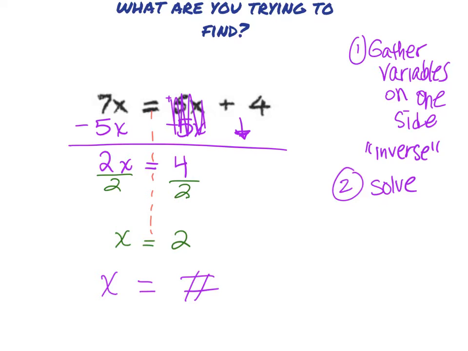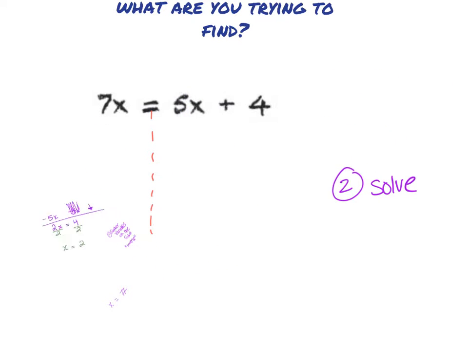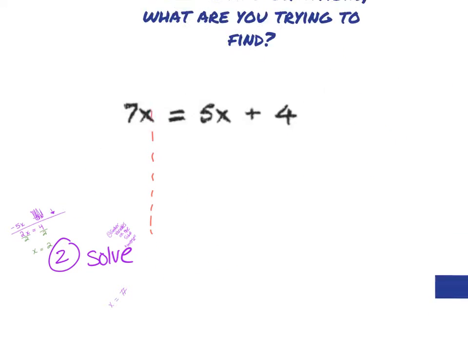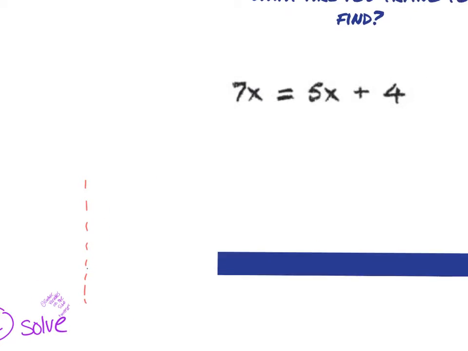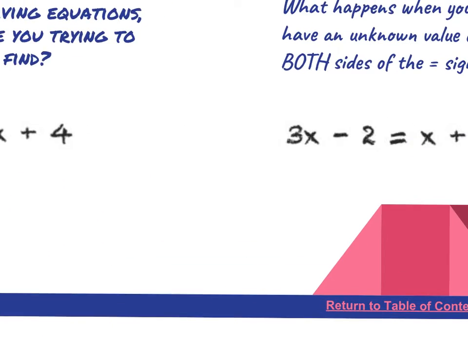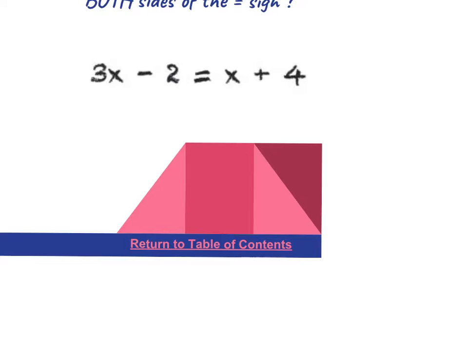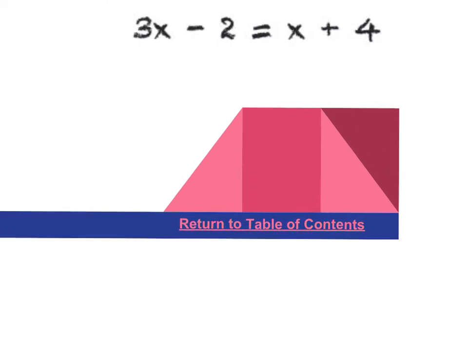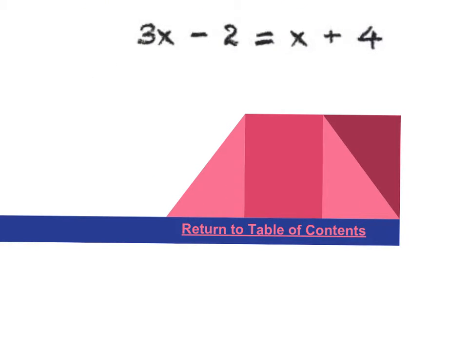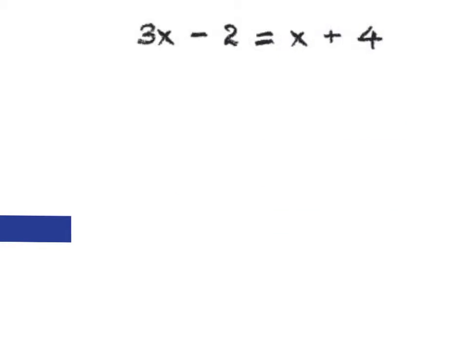So now, what happens if not only do I have variables on both sides, but I also have constants? Step 1, always separate.